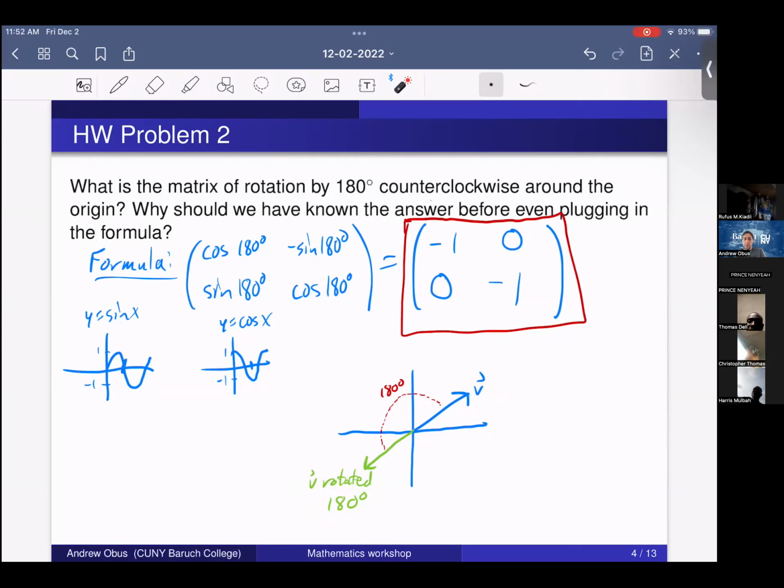Rufus? Sorry, again, please. I just muted everybody. Please only unmute yourself if you're answering or asking a question. So sorry, who wanted to answer? Christopher? Hello? Or Gabriel?